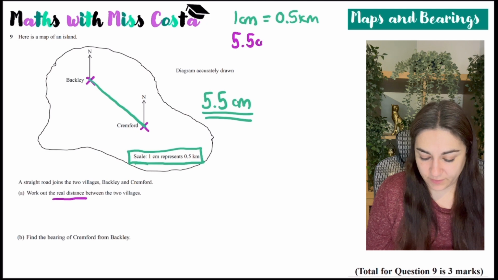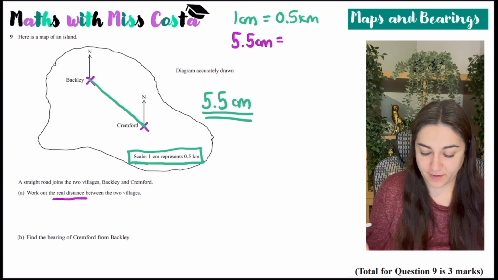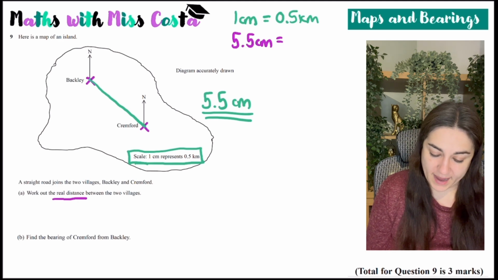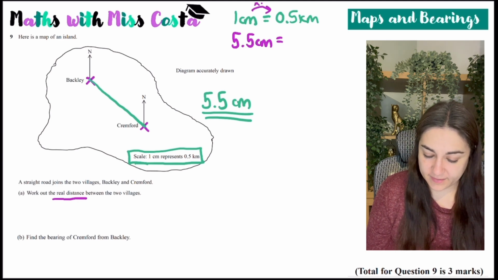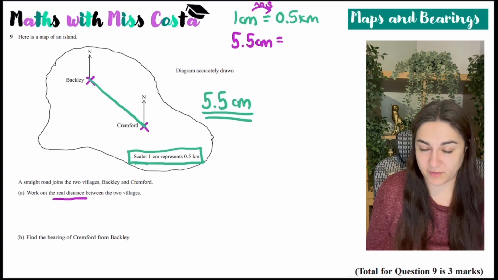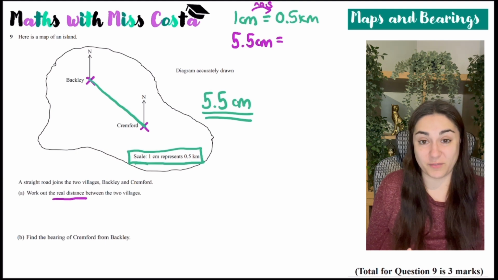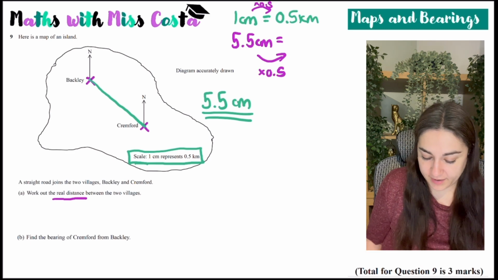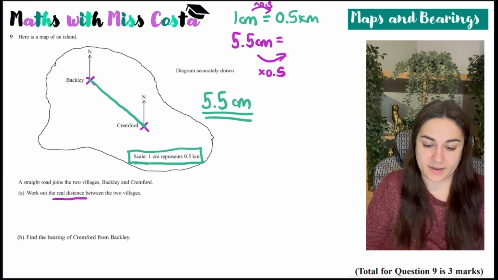So I want to find out how many kilometers 5.5 centimeters would be. So what do I do on my map? For each centimeter, I'm going to times by 0.5, because how do you get from 1 to 0.5? You multiply by 0.5. So if I multiply by 0.5, I'm going to get my real distance.